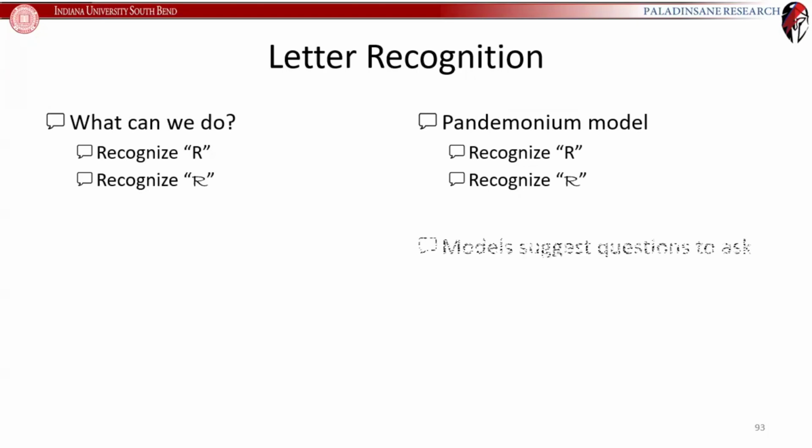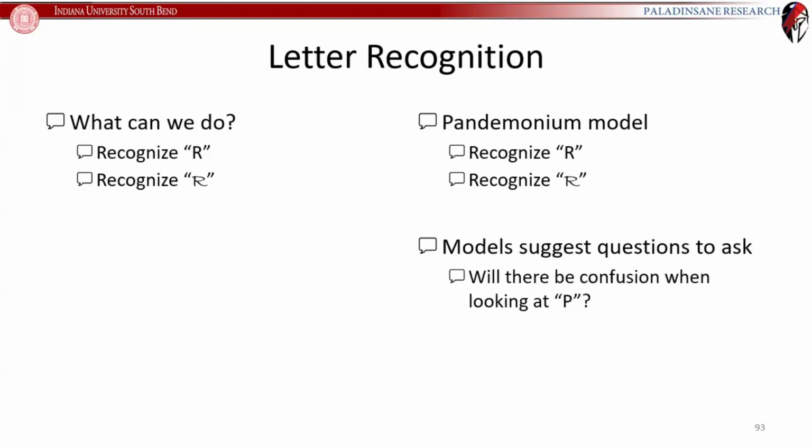And then this pandemonium model suggests questions that we can ask. So this was what you brought up earlier. I didn't think about the lowercase b. I actually thought about, was there going to be confusion when you're looking at p? So given the model, and this we're going to leave as a take-home challenge, I'll upload the PowerPoint slides today so that you can work on it.